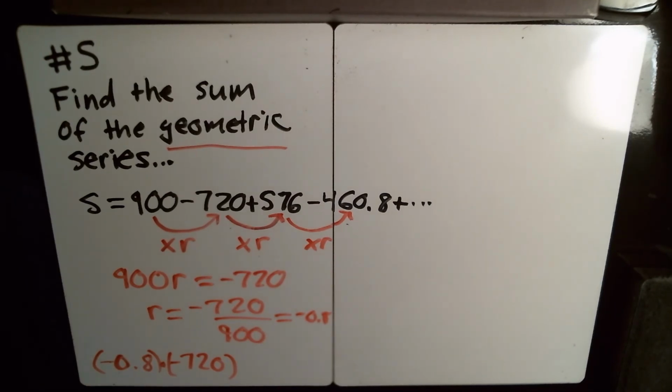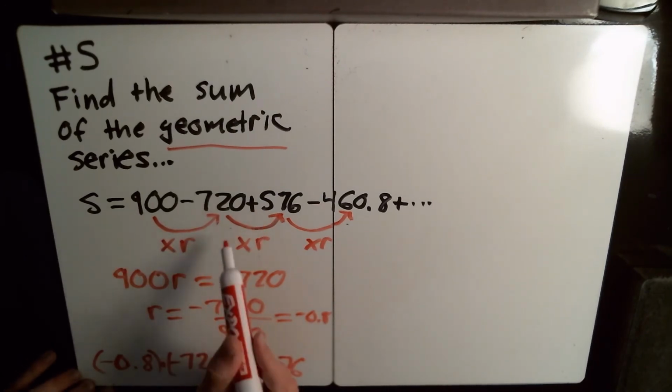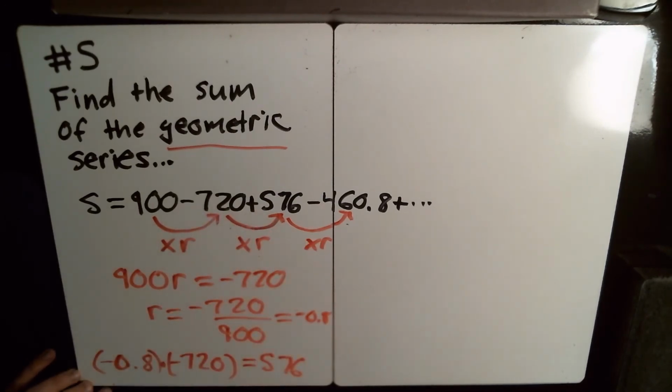Okay? And I just threw it in the calculator, and yes, you do. You get 576. So every time I'm timesing by negative 0.8 to get between these numbers. So that's what r is.